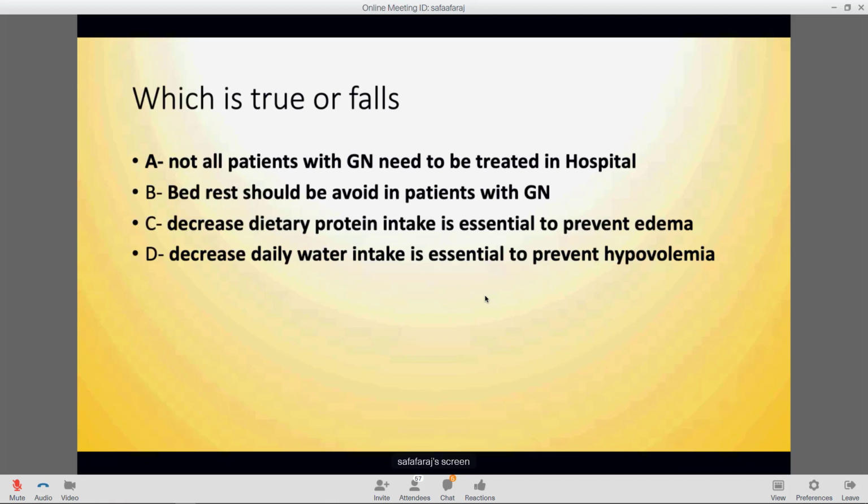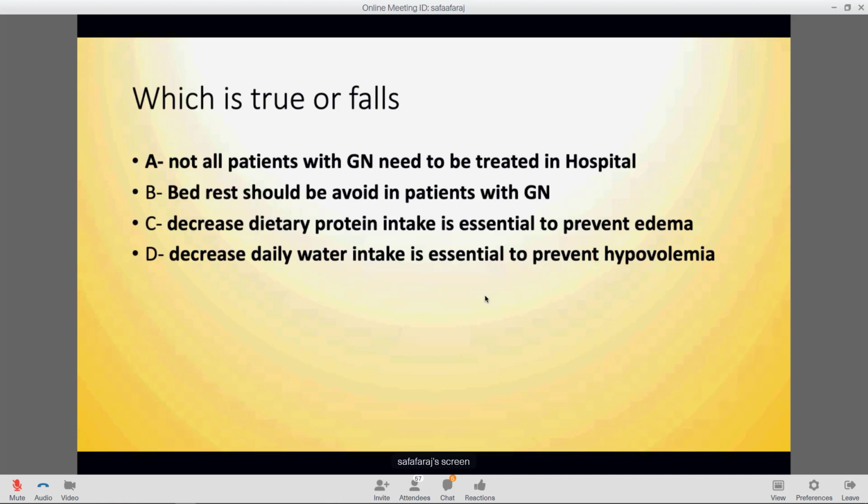Which is true or false? A. Not all patients with glomerulonephritis need to be treated in hospital. True. B. Bed rest should be avoided in patients with glomerulonephritis. I can say that is false because acute cases need bed rest. C. Decreased dietary protein intake is essential to prevent edema. Doctor, we do decrease protein, so it is false, but we decrease it to prevent renal damage. In glomerulonephritis, unlike nephrotic syndrome, we are not afraid of a change in oncotic pressure from losing protein.